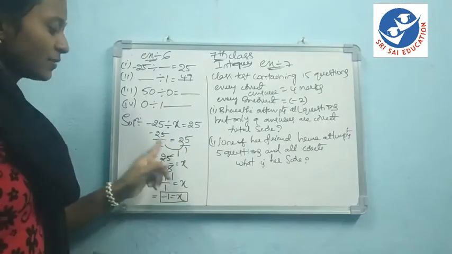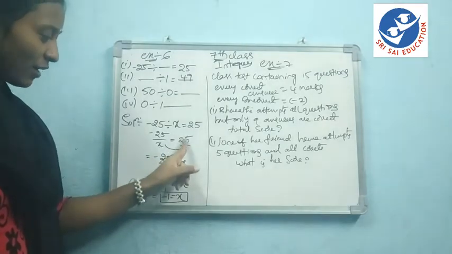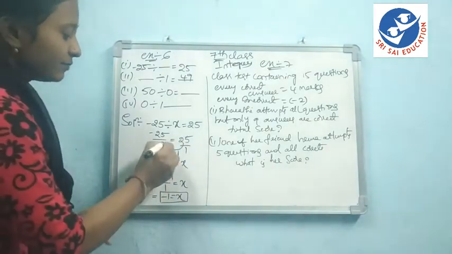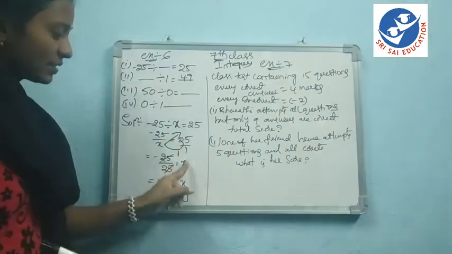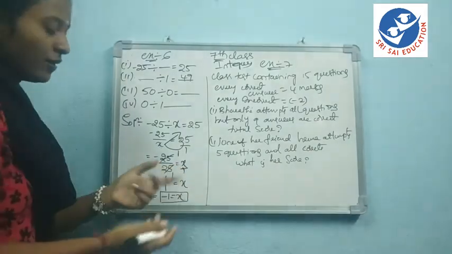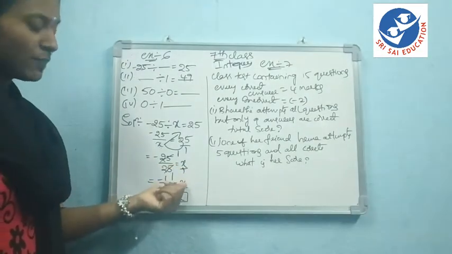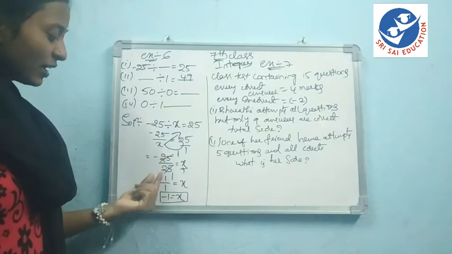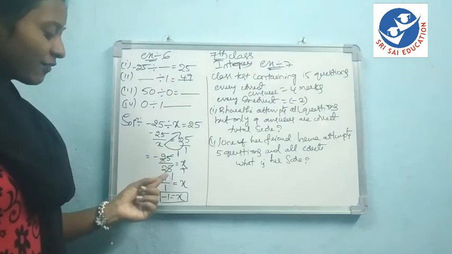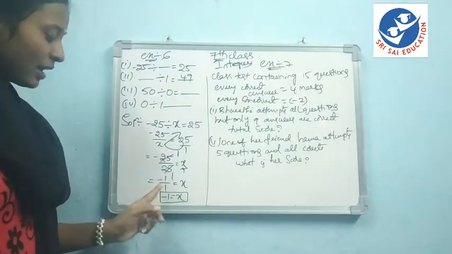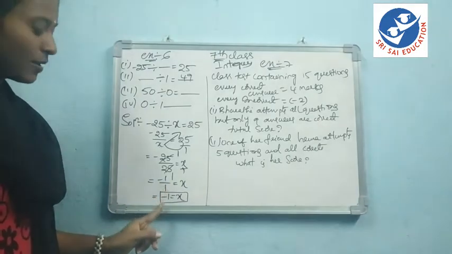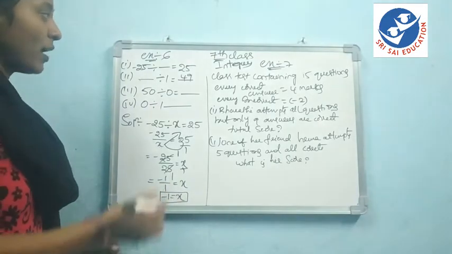We apply cross multiplication. Minus 25 by 25 is x by 1 equal to x. x by 1 means x. Minus 25 by 25, 25 ones are 25. Minus 1 by 1 means minus 1, x equal to minus 1.